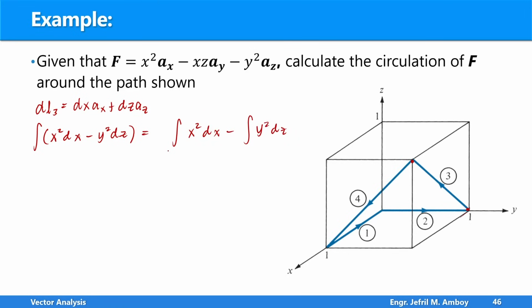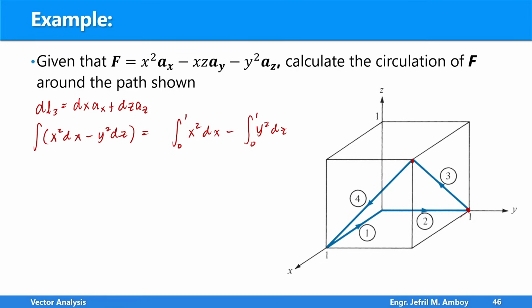Now, let us indicate the limits. For dx, what is the value of x from this point up to that point? Here, x is 0, and at this point, the value of x is 1. How about the limits for the second integral in which our variable is z? At this point, the value of z is 0, and at this point, the value of z is 1.